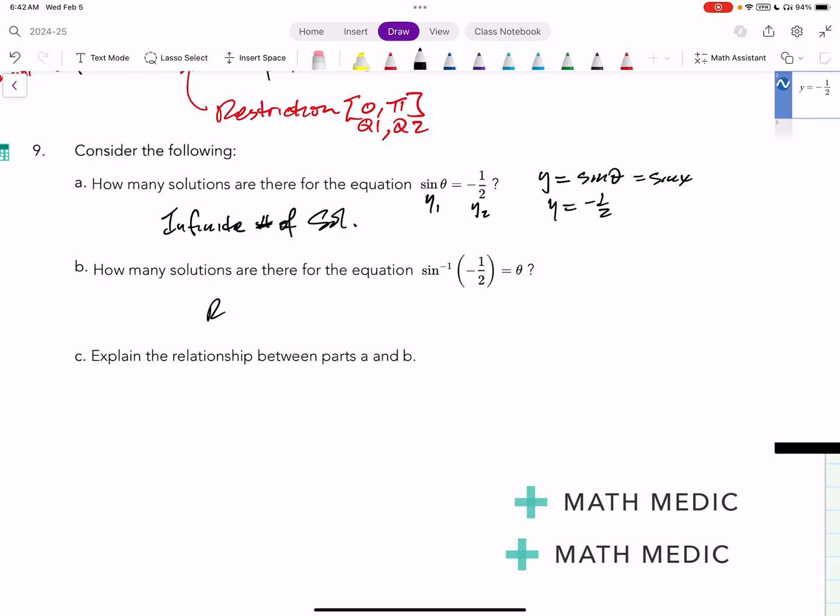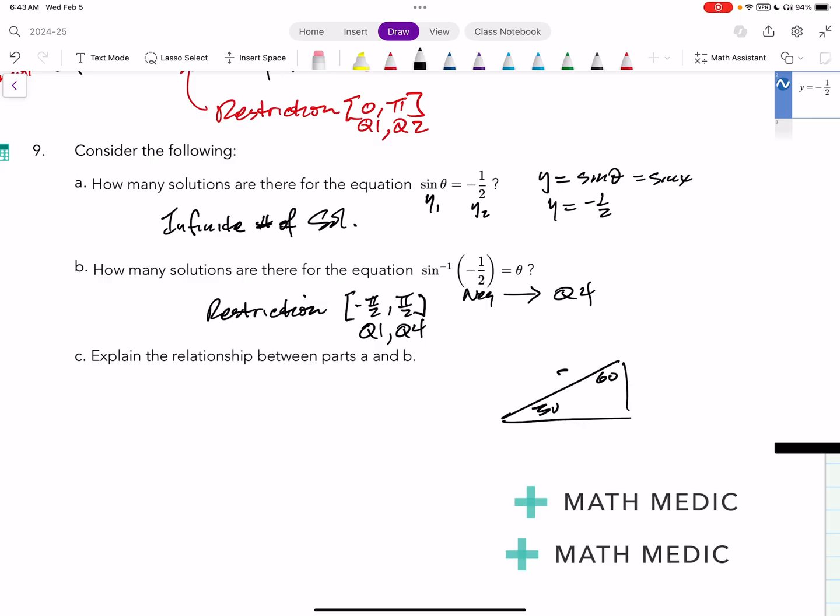Remember, on this one the restriction is from negative pi halves to positive pi halves. So you're looking for an angle in either quadrant 1 or 4. And because this is a negative number, you're looking for a quadrant 4 angle. So the inverse sine of negative 1/2: if you draw a little 30, 60, 90 triangle and put your values in, we know that the sine of pi sixths is equal to 1/2.